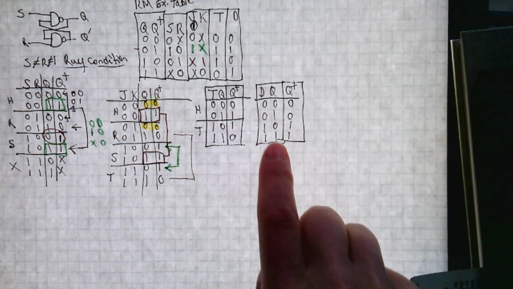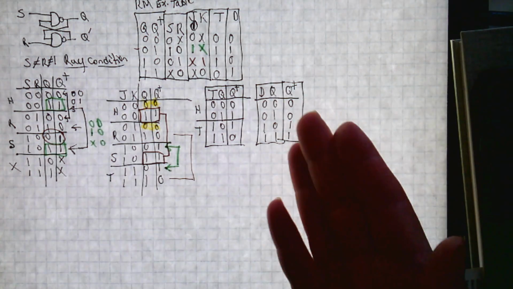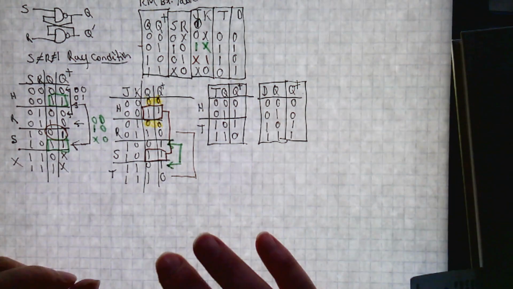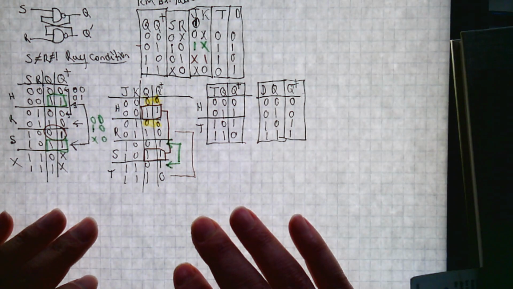Doesn't matter what Q is. It just latches whatever's used on input. So now I've got 4 different behavioral descriptions of 4 different kinds of flip-flops, and that's all the flip-flops I care about. That's it.